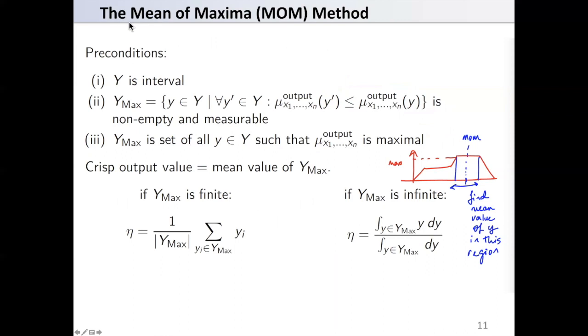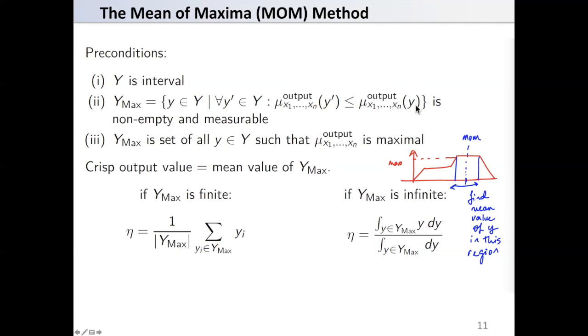The second method for the defuzzification is mean of maxima, shortly MOM. We have these preconditions. Y is an interval and Y max is defined as the y values such that for any y prime in the same reference set, the output value obtained from the rule for y prime should be less than or equal to the output value determined by the rule at point y.